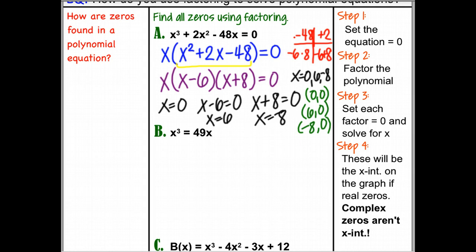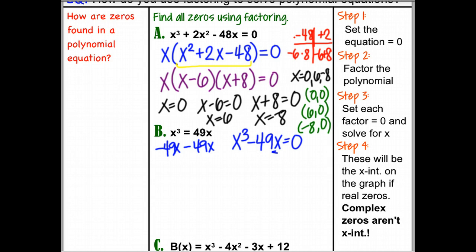Moving on to our next example, we have x cubed equals 49x. The first thing I want to do is subtract my 49x to get them both on the same side. So now we've got x cubed minus 49x equals 0.